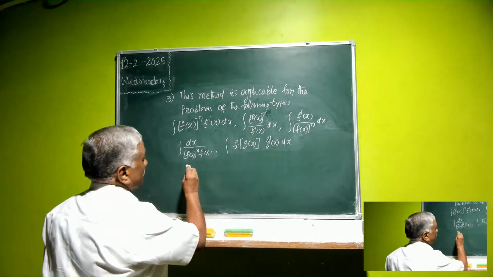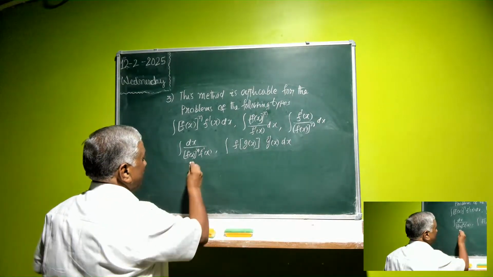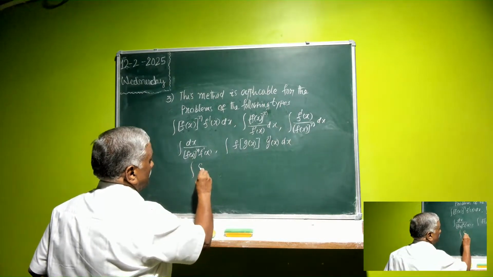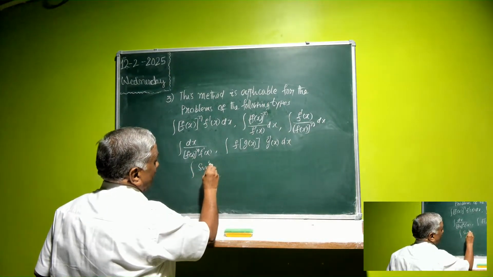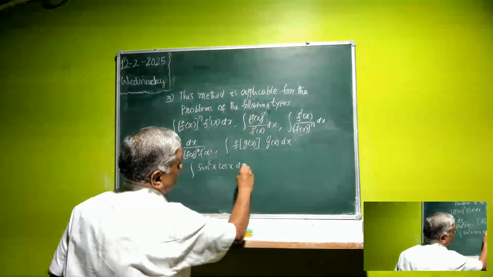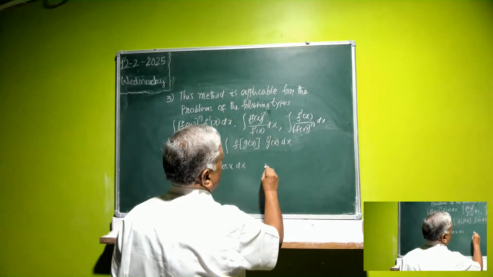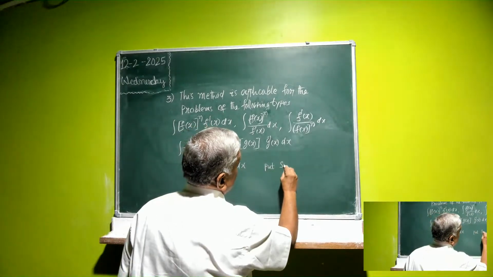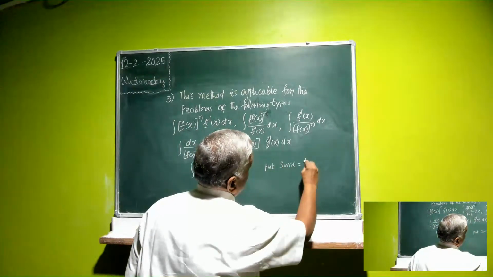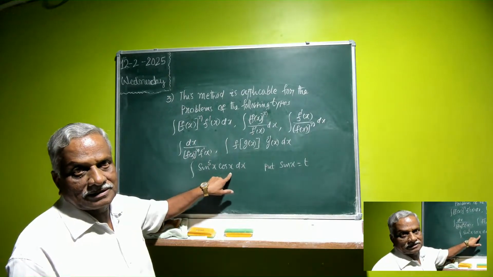I'll take one simple example. Integrate sin to the power of n x into cos x dx. The method is to put sin x equals t. See, if you put sin x as t, you will get cos x.